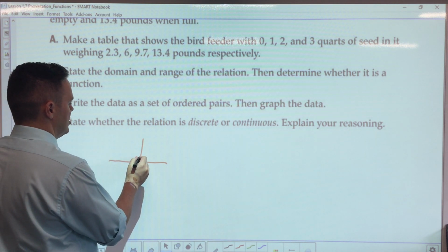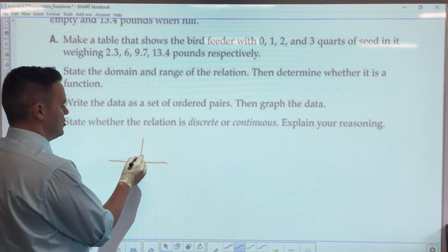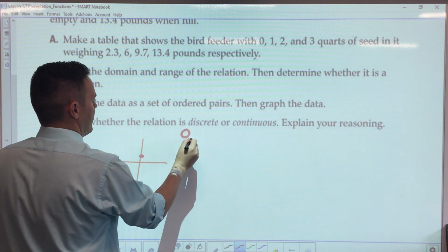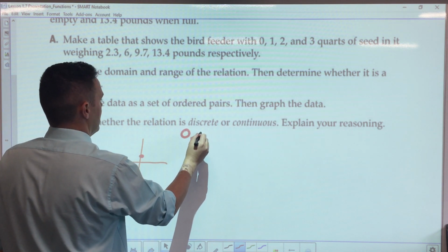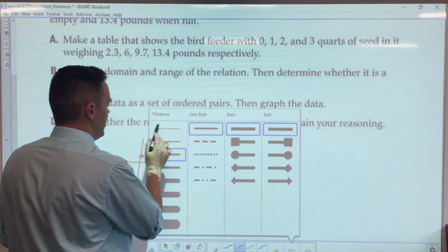So if I start out and I go 0, 2.3, all right, let me change the color. If I go 0, 2.3, and then my next point would be 1, so from a graphing standpoint, that is 1 point: 0, 2.3, okay?